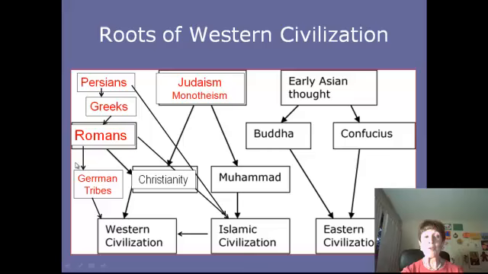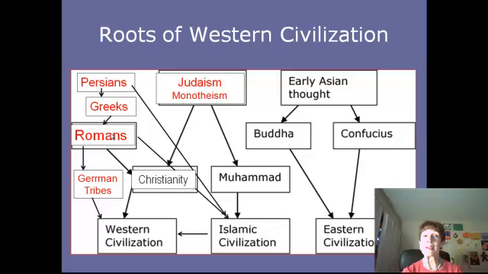But then we have another group of people, which were the Germanic tribes. Some people also call them the barbarians, because compared to the Romans, they were barbarians. But what happened to those barbarians? First of all, they invaded the Roman Empire, and by invading it, they also took over some of its features.